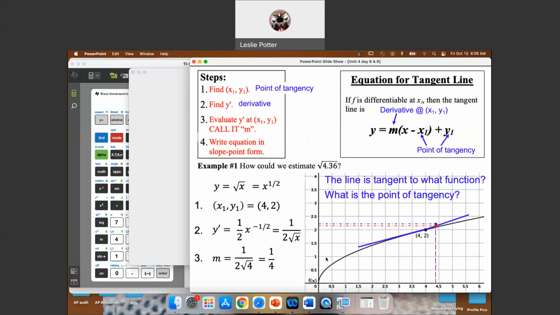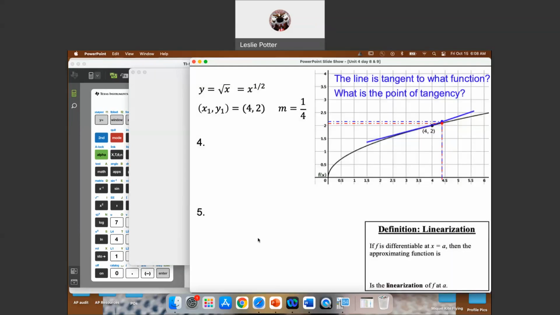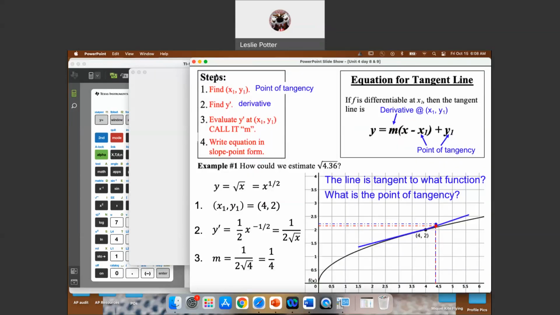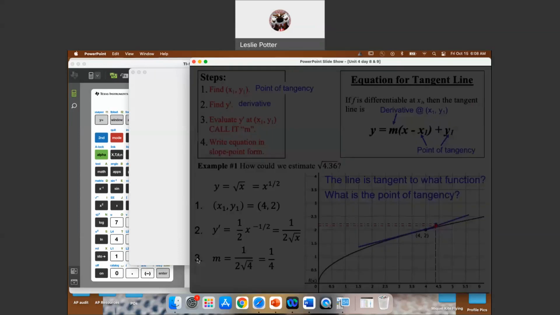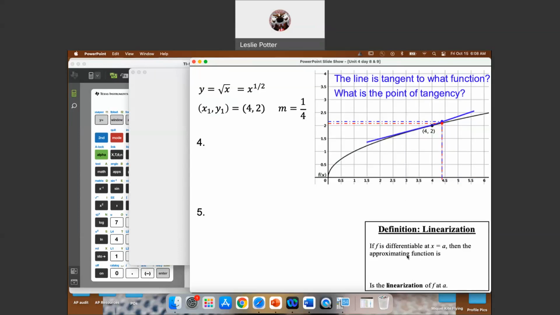And we can see that on the graph. This tangent line is pretty accurate, right? We go up 1/4. Well, I guess we really can't go up 1/4 because of our scale. We're not really counting by ones. And so this is just a continuation, step 3, and then step 4, we're writing the equation of this tangent line, right?